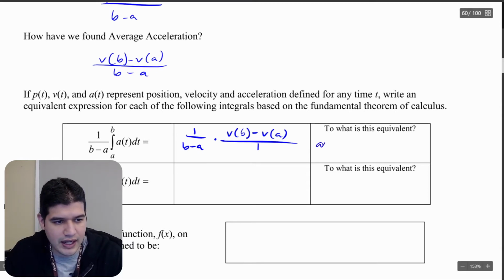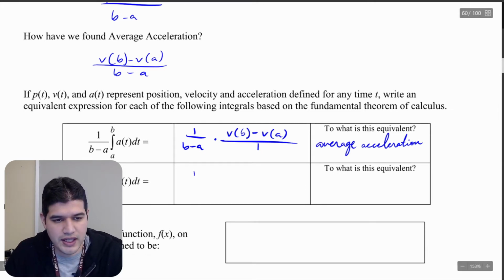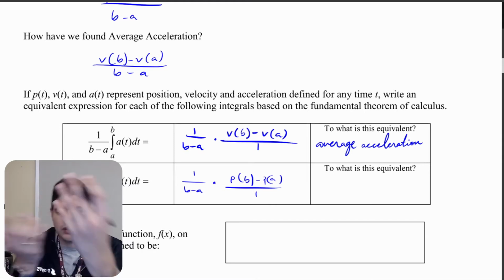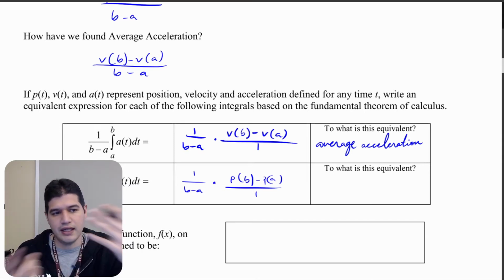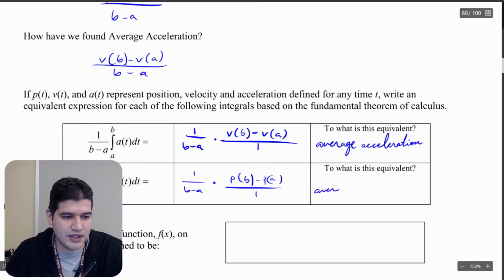This is average acceleration. And the same thing if we're doing this with velocity, we again have 1 over b minus a, and we're just multiplying this by p of b minus p of a over 1. I'm putting in the over 1 because that's essentially what it would be for that integral. And what is this equivalent to? Well, this is average velocity.